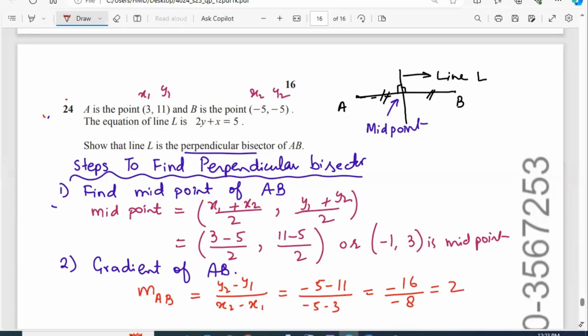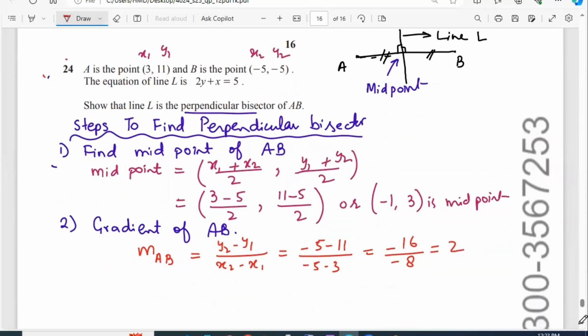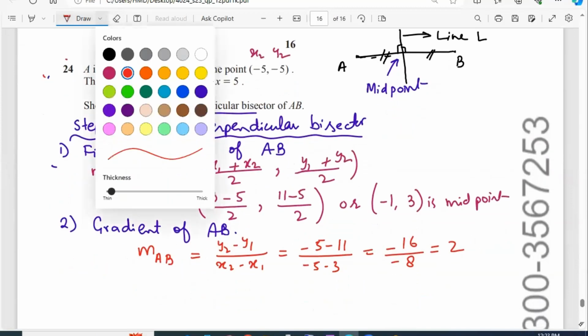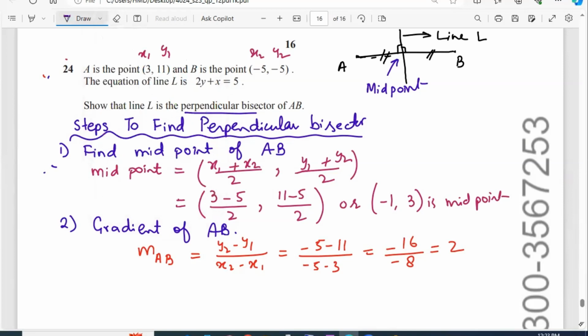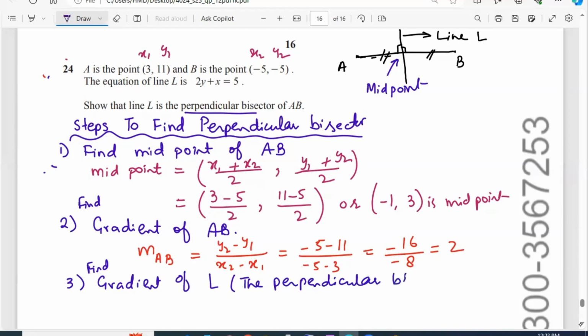The third step is the gradient of L, the perpendicular bisector. Find the gradient of L. L is the perpendicular bisector of AB.